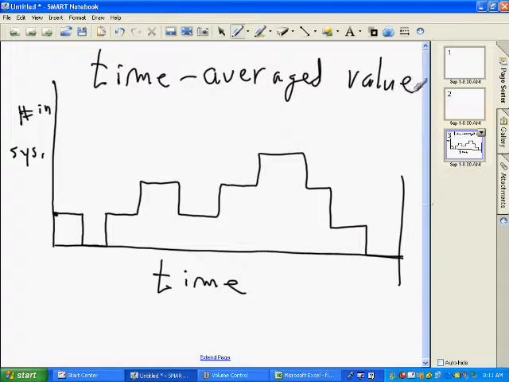Okay, there are two ways we're going to get estimates within a simulation. One is a sample-based estimate. The sample-based estimate is we just take a random sample of the data points, we sum them up, and we divide by the total. Right? That's kind of what you're used to doing.